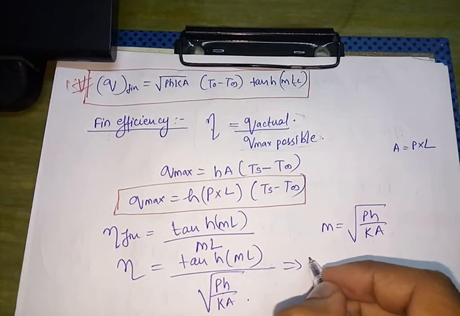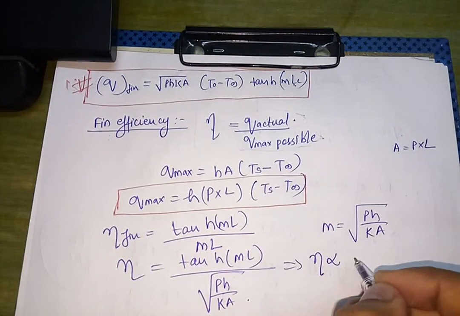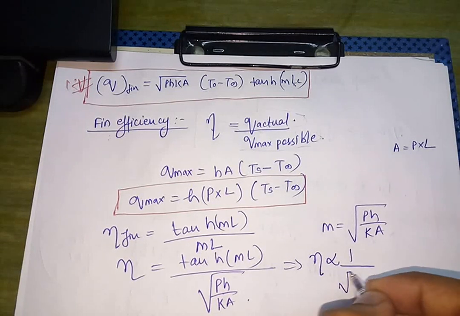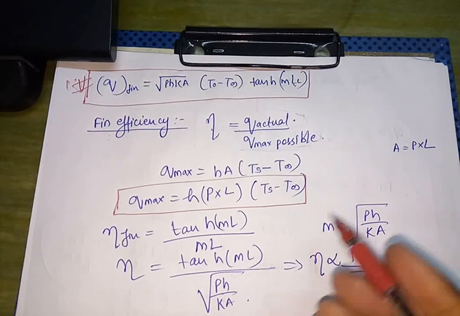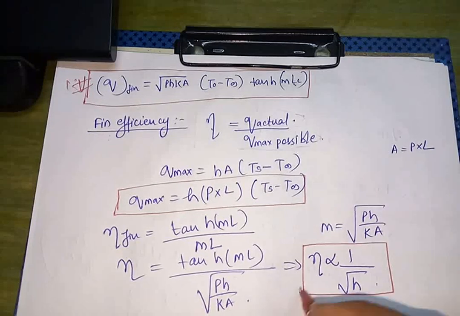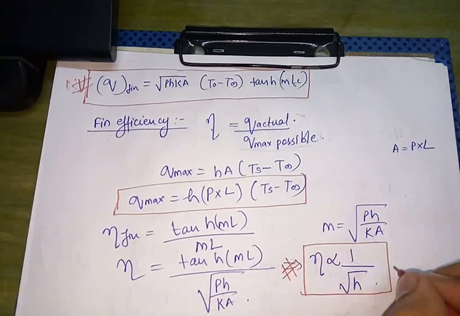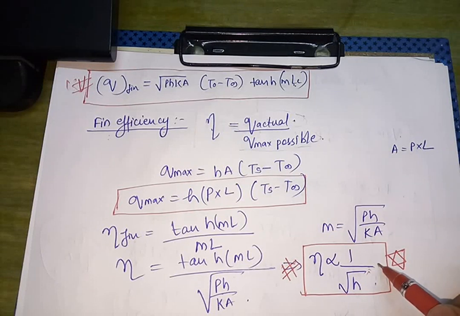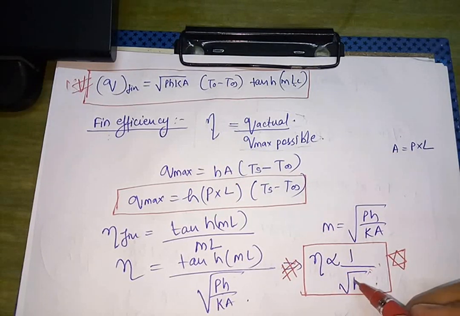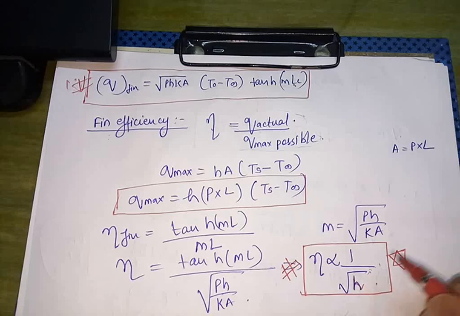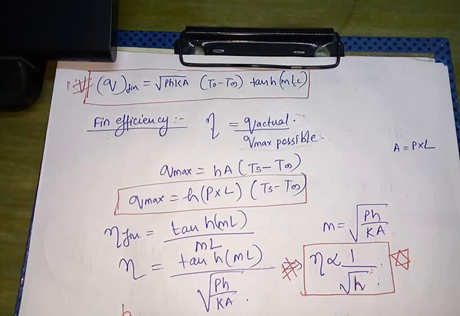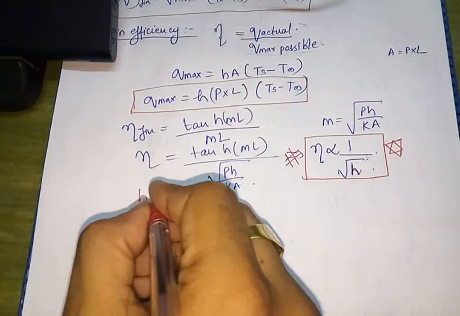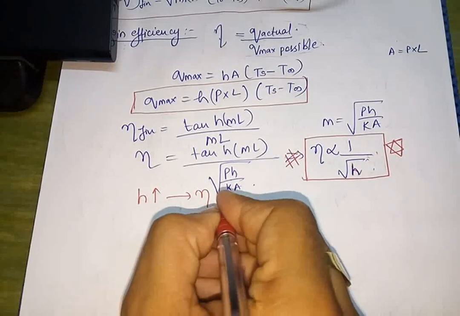Now we see from here that efficiency is inversely proportional to under root h. This is a very important thing to be noted here: efficiency is inversely proportional to the heat transfer coefficient. If the value of h is high, then efficiency is going to be low.